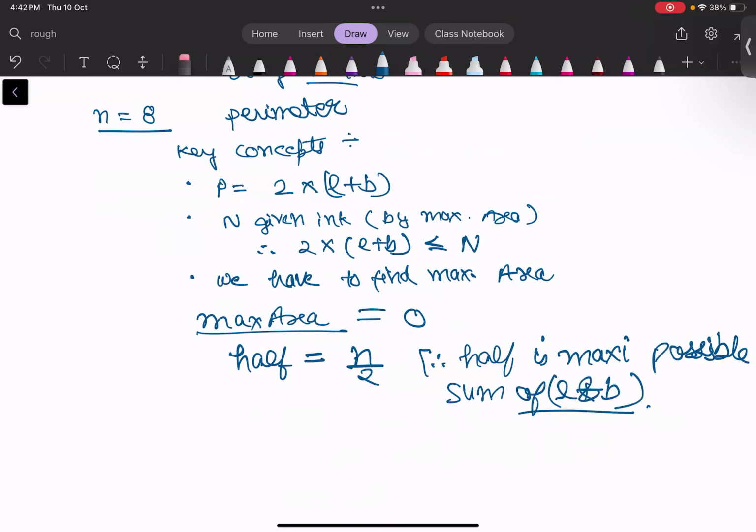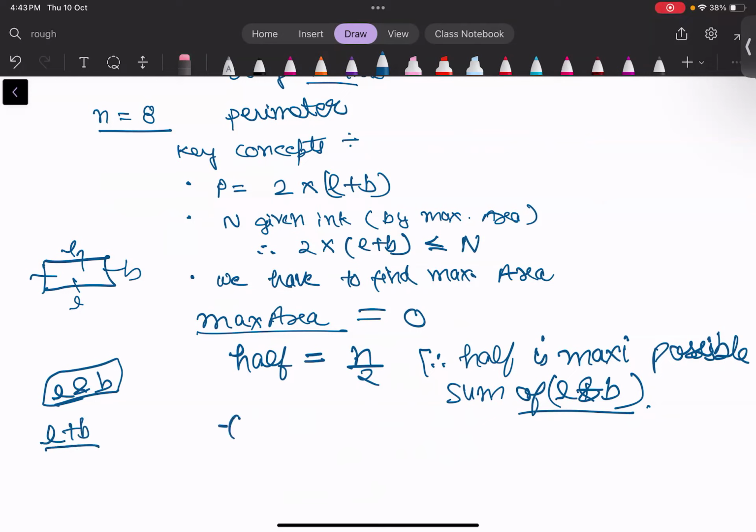Now we have to find the maximum area. Before that, we have to find the length and breadth of the sides. When half is equal to N by 2, it means we have L plus B.